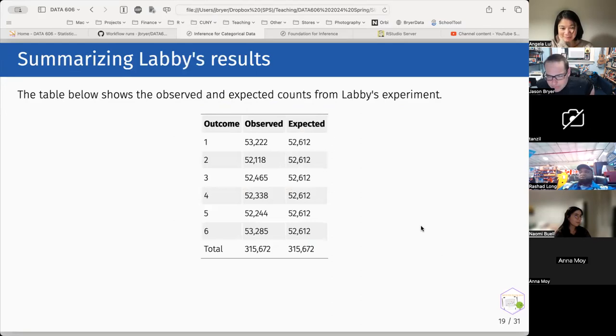So the question here is, given this observed data, what Labby observed, so he got 53,222 ones, all the way through, how different is that from what we would expect? We call this a measure of model fit, because we have an expected way for this data to appear, and we have observed data, and we're comparing our observed data to what we would expect.